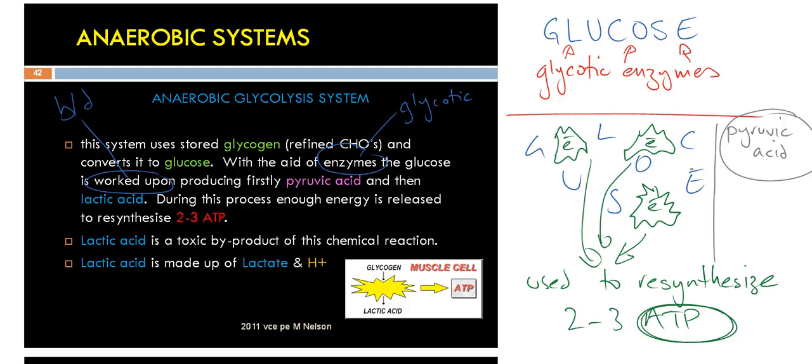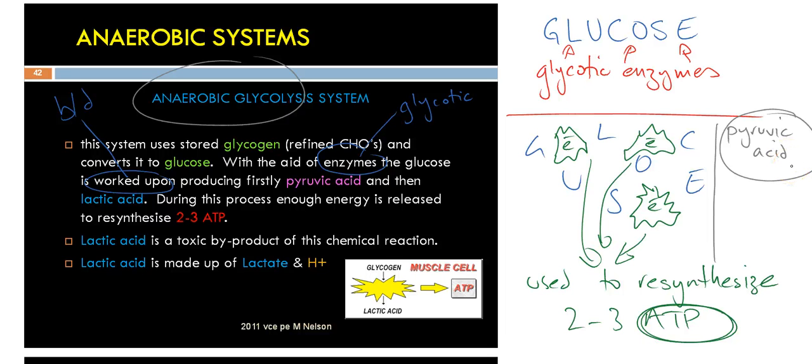However, because the required rate of energy production is very high, hence why we're using the anaerobic glycolysis energy system, the body will use the energy system that allows for the greatest rate of energy production to try and meet that demand. So the pyruvic acid will not enter the aerobic system because that system is too slow.